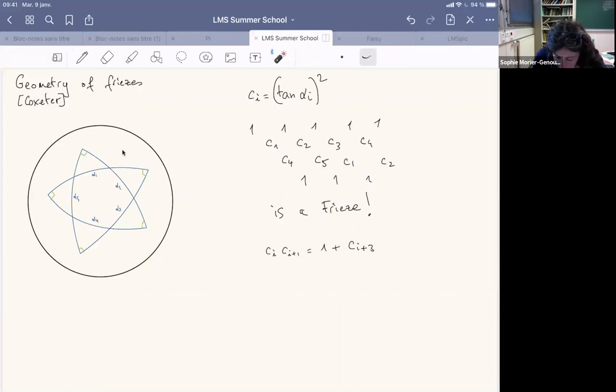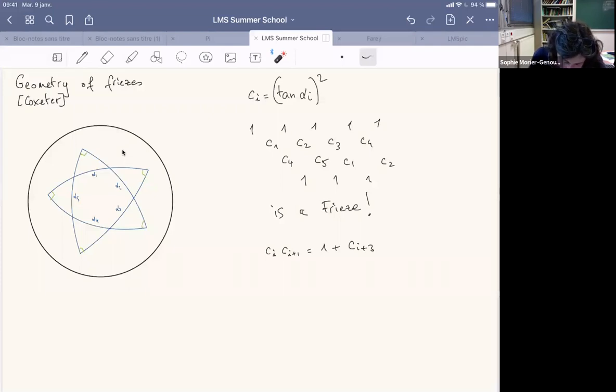And actually, I don't know if it makes sense, but if you think about it, these numbers can be thought of cyclically. C1, C2, I can call C6. There is a cyclic symmetry here. So this is true when I consider the indices modulo 5.